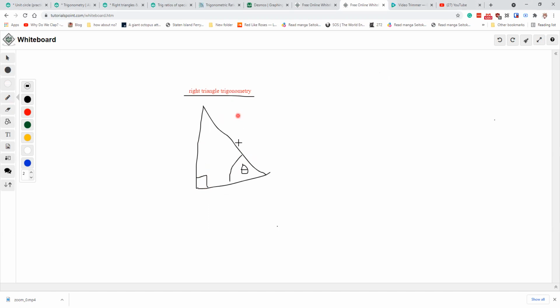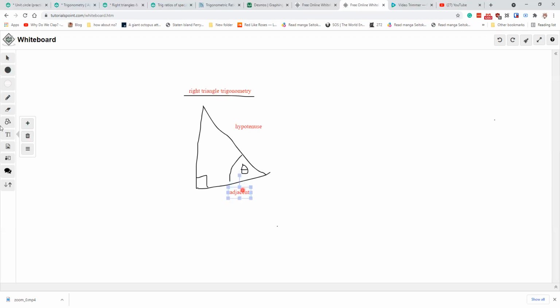Now, let's go over the side names. When you have this angle theta, the longest side of the right triangle is going to be the side opposite of the right angle. That's what we call the hypotenuse. The side right next to the angle theta is called the adjacent because it's right next to it.